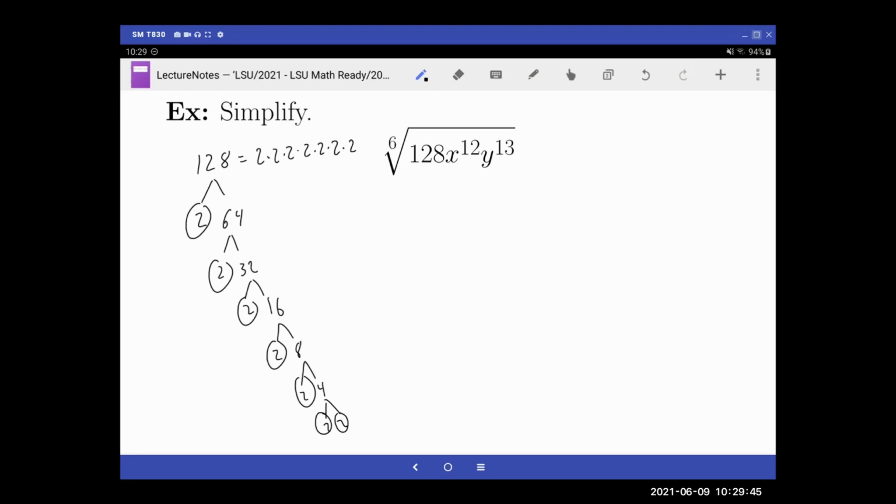And so I'm looking for groups of sixes. Group of 6 2s right there. So that's one 2 that's going to come out. I do have a 2 left underneath. Okay, so that takes care of the 128.